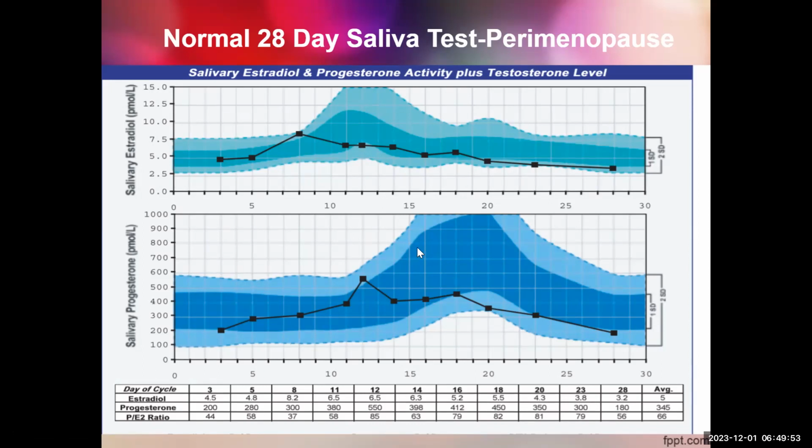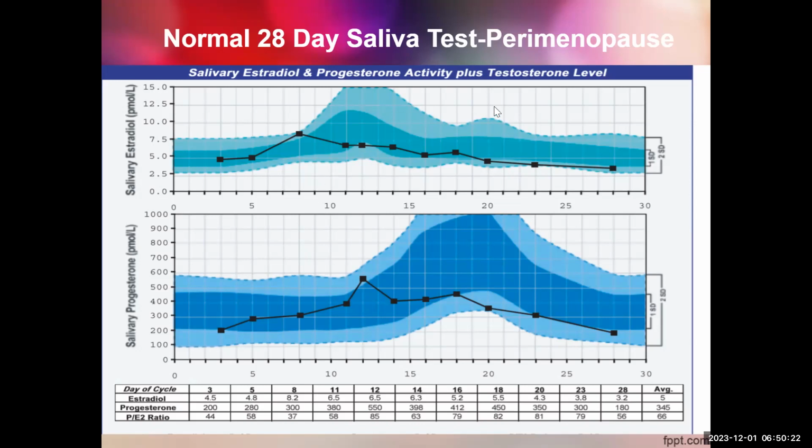This is a salivary one, so you need to be a little bit careful when you're looking at it to note when the samples were taken. You don't want to have a PE ratio, say, of 700, 800, but it had been right at the ovulatory time, because that's actually quite normal.